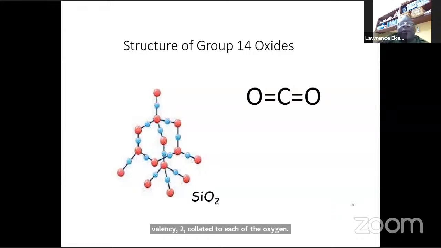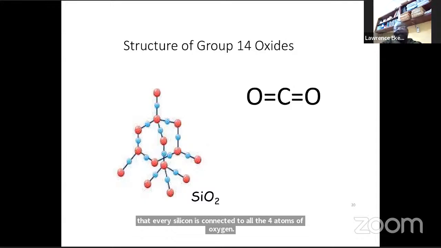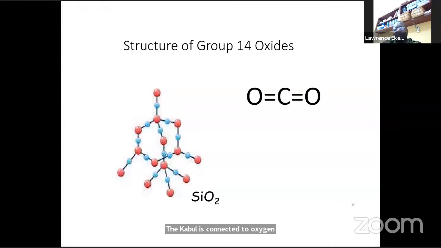Every silicon atom or carbon atom is also connected to 4 atoms, which could be of the same element or different elements. Here, every silicon is connected to 4 atoms of oxygen. The same thing with carbon, which is connected to oxygen using 2 bonds to each oxygen.